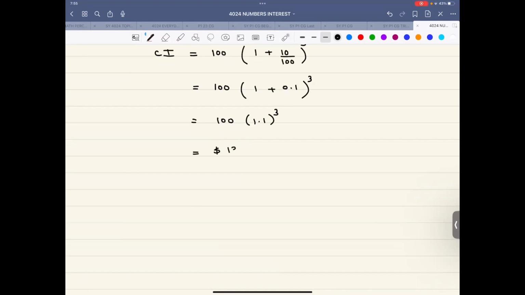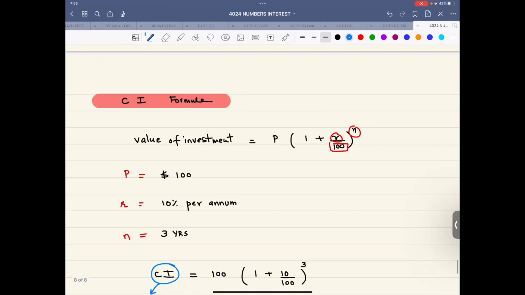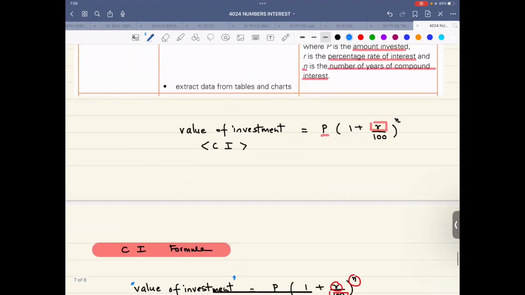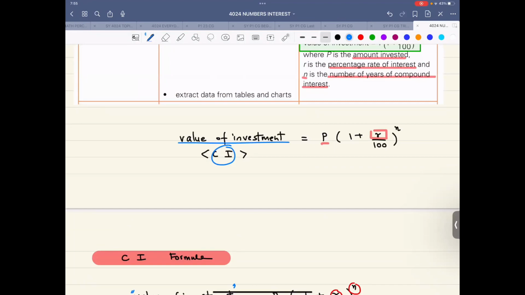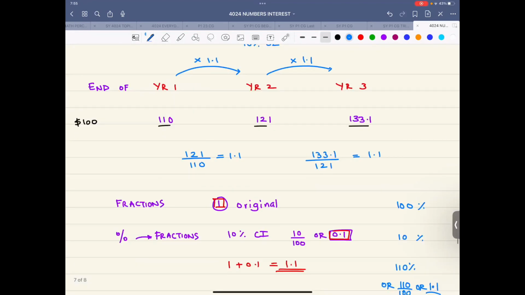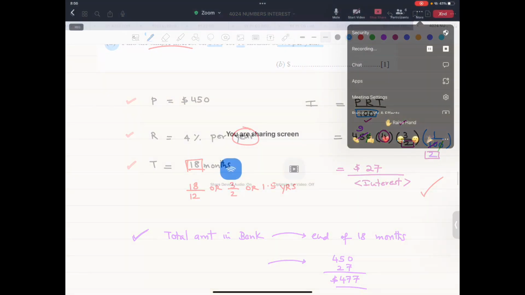Now keep in mind, this value includes the original principal value as well as the compound interest value. That is why they are calling it the value of investment. So this is using the compound interest formula, but it's inclusive of the principal, whereas the simple interest formula that we use only gives us the interest.